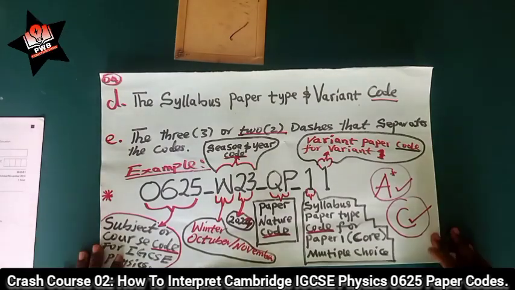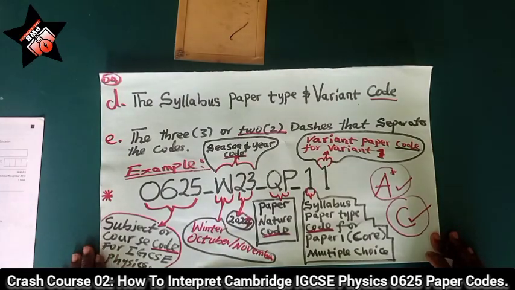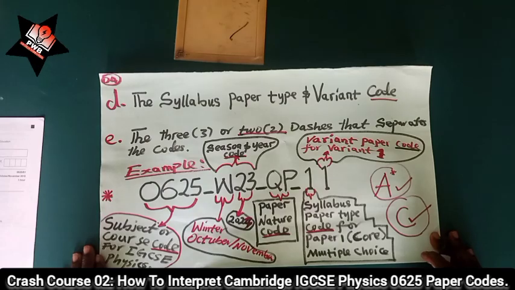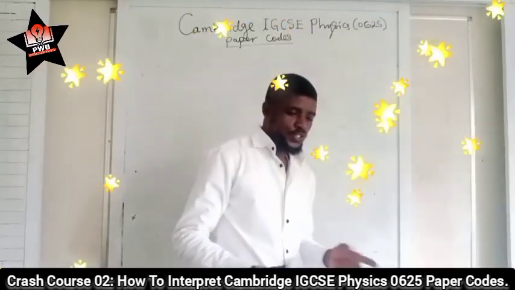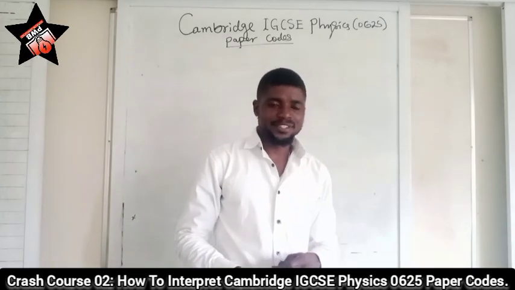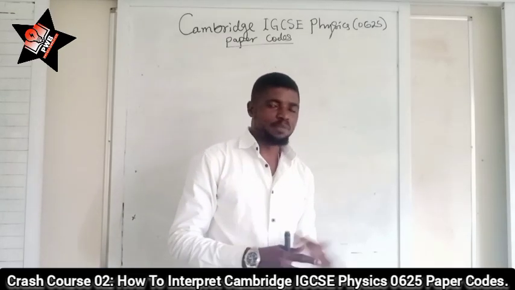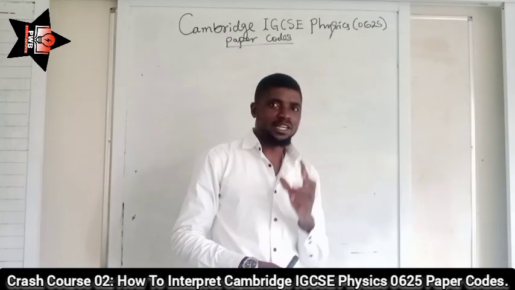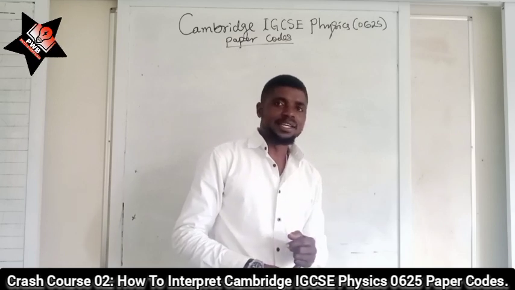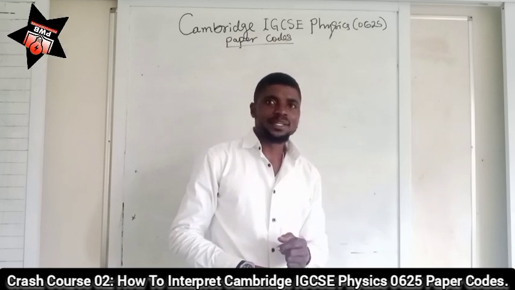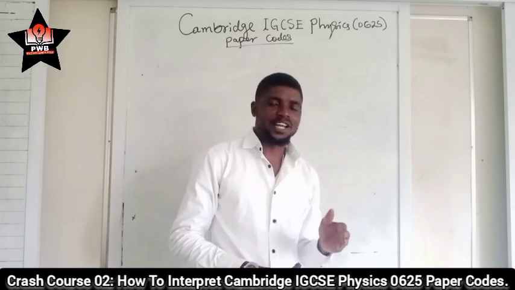So I'm going to give us more examples of the paper code so that we will know how to choose the right paper type, for the right exam, for the right season, and then smash an A star. So we are going to look at the last example of the paper codes, especially the paper code for this winter exam, which is coming up this year, 2024, October/November.